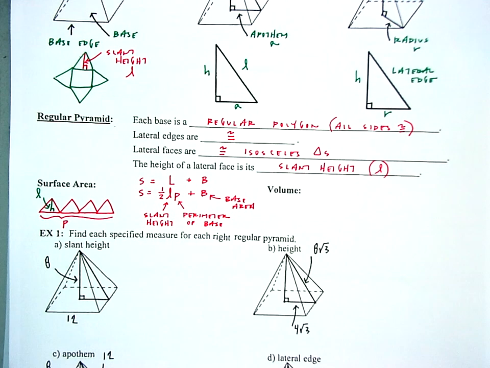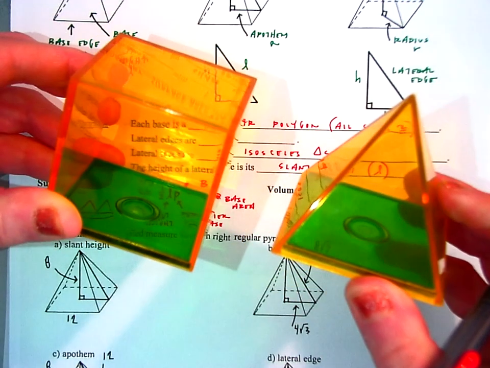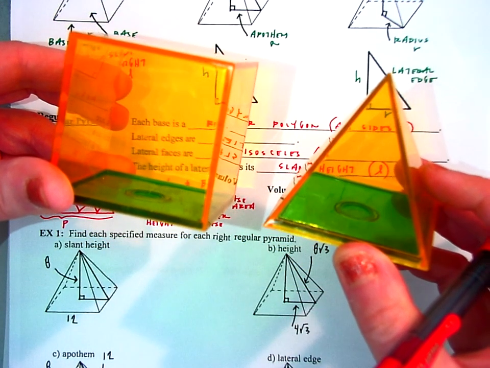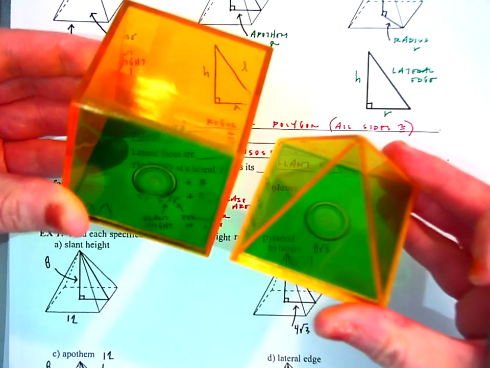Okay, volume. So volume, if we're looking at a pyramid, let's say that I look at a pyramid and a prism side by side. If you look at these two, they have the same base shape. The bases match perfectly, and they have the same height as well.